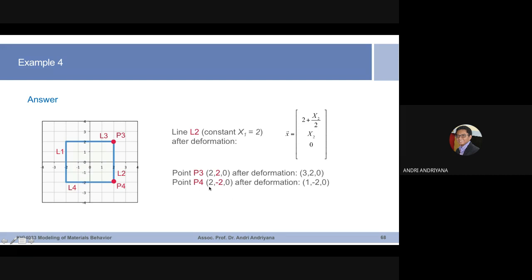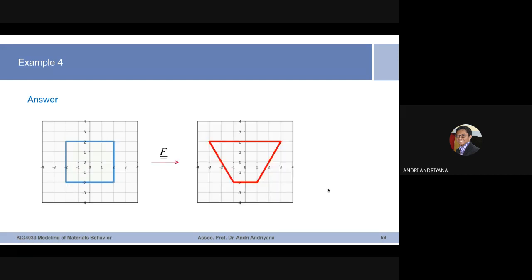And for P4, after deformation, the coordinate becomes this one. So from that, I can sketch this as the deformed shape of my square element, after being deformed by a certain specific deformation gradient.